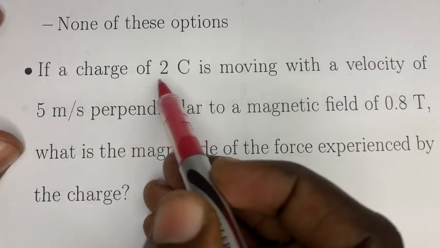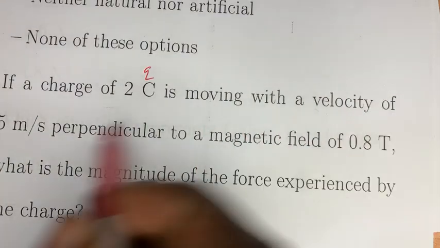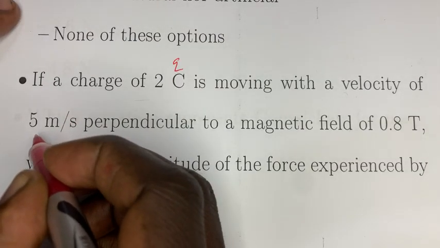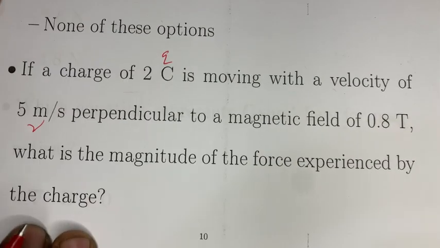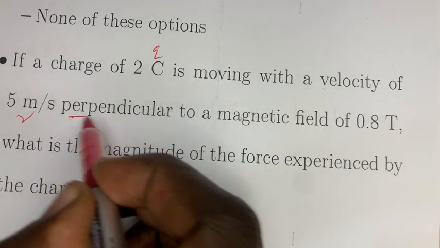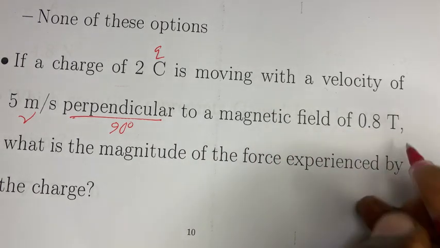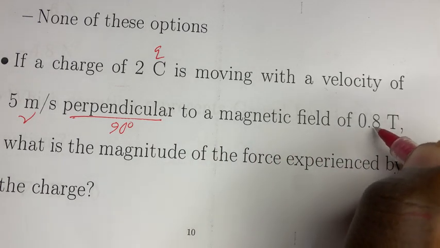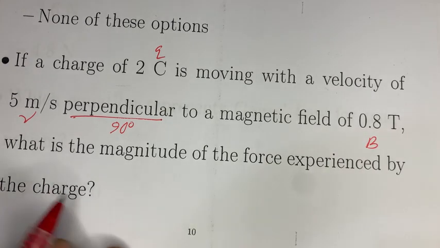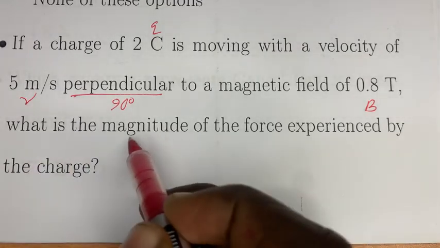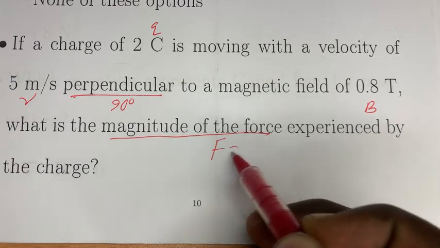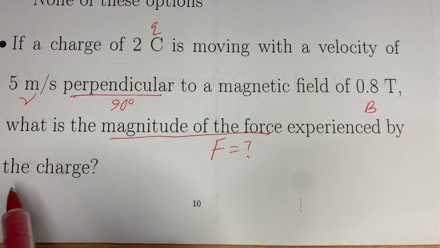It says if a charge of 2 coulomb is moving with a velocity of 5 meters per second, this is the velocity, perpendicular, meaning it makes an angle of 90 degrees, to a magnetic field, and the magnetic field has this value, 0.8 Tesla. So this is your B. What is the magnitude of the force, meaning what is F experienced by the charge?